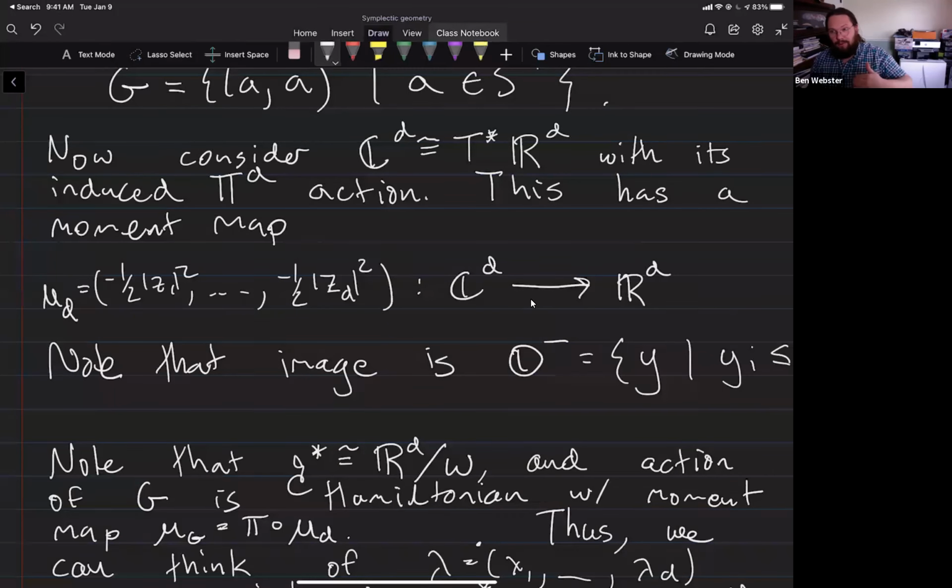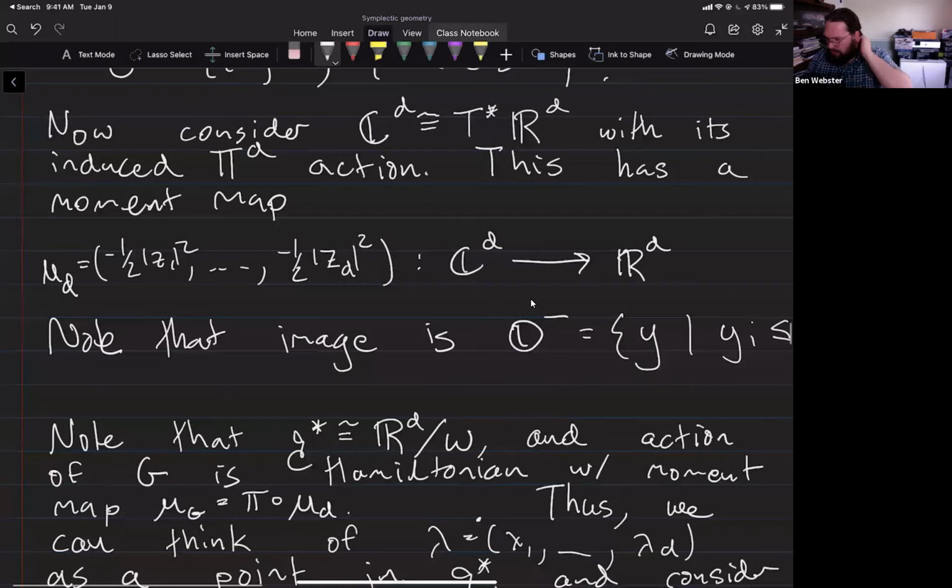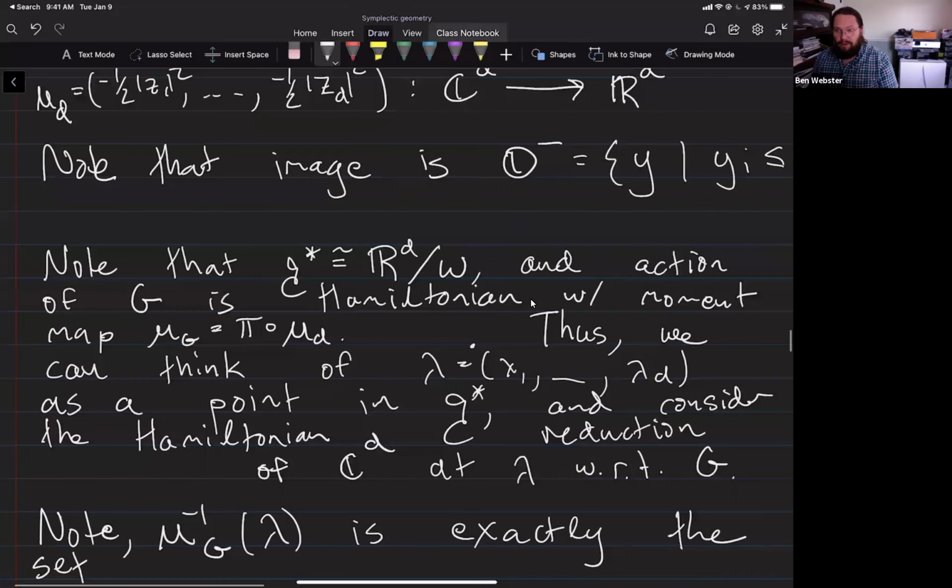And then I'm going to write every polytope as the intersection of an affine subspace with this negative orthant. What's the corresponding operation on the symplectic geometry side? And the answer is it's reduction with respect to this subgroup G. So the dual of the Lie algebra of G, by definition, is RD mod W, right?